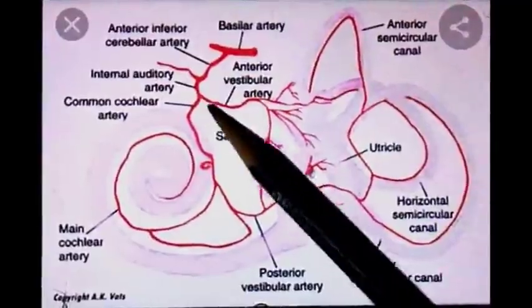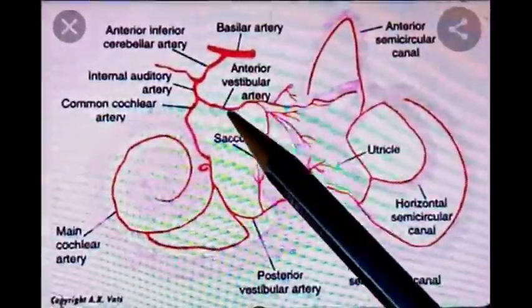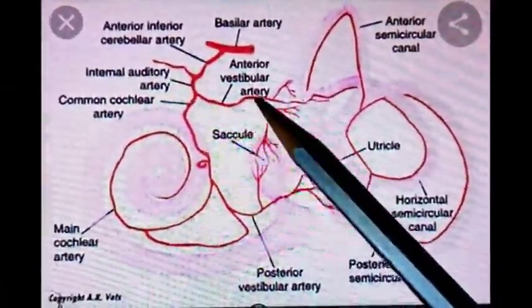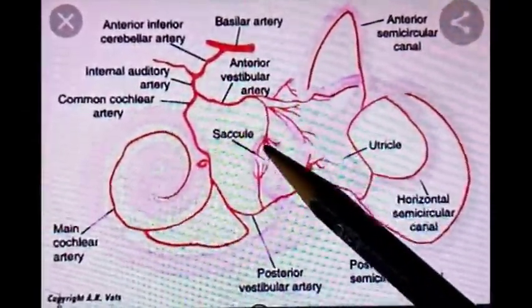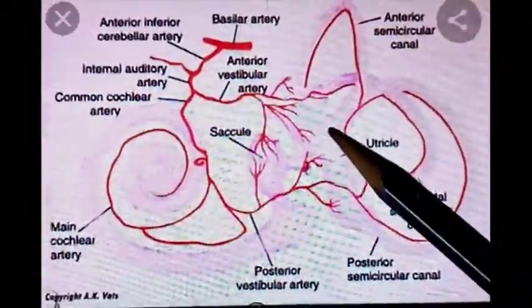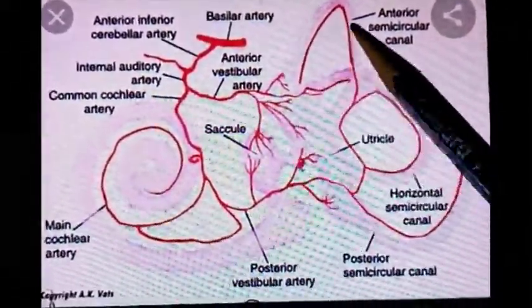Another branch is anterior vestibular artery, which supplies the anterior aspect of saccule and utricle, and also supplies the semicircular canal.